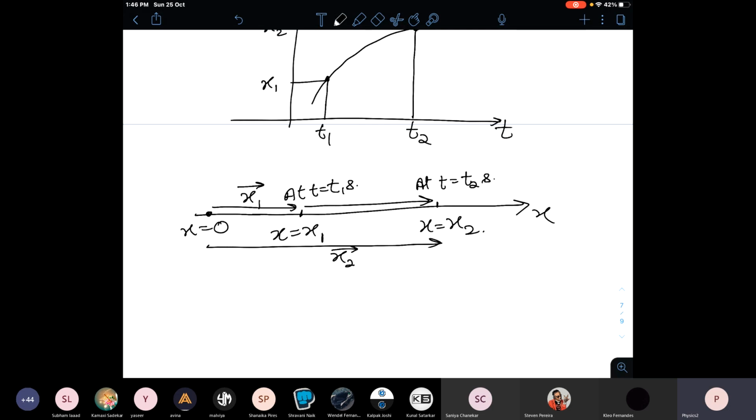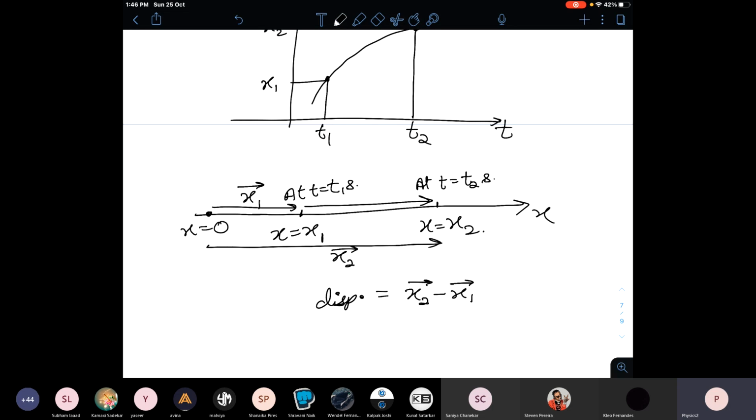So the distance covered by the particle is x2 minus x1, magnitude. Sorry, this is the displacement, not the distance. This is the displacement.